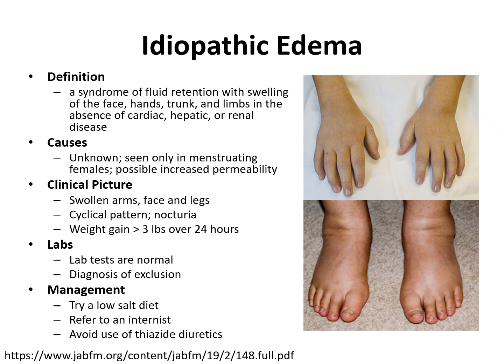There is nocturia. They get up at night to pass urine. And if they were documenting their weight on a daily basis, the weight gain should be greater than 3 pounds over a 24-hour period, not over a 72-hour period or a week.